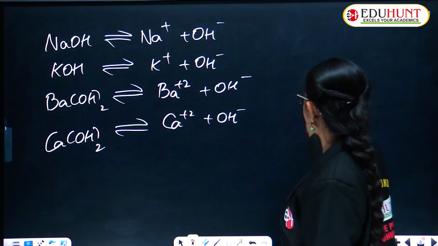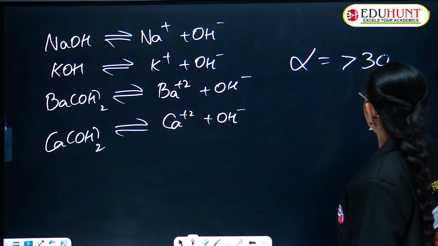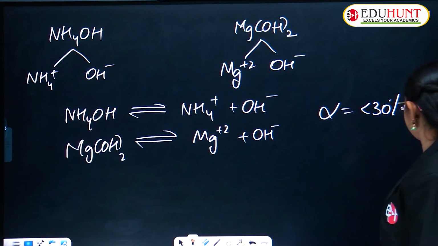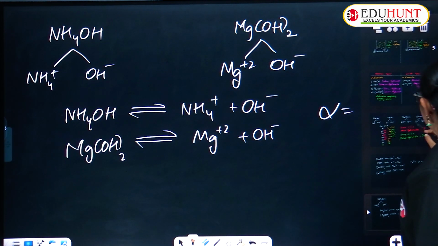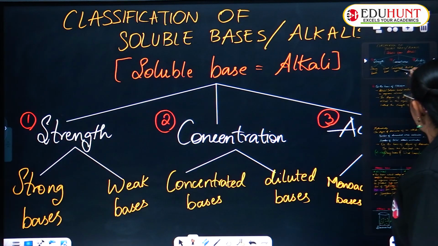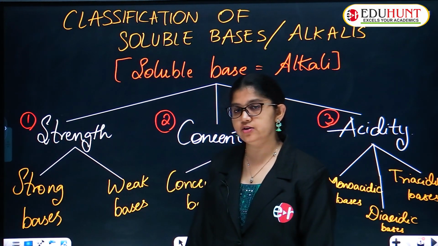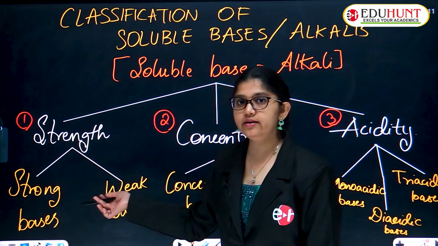For all these, the alpha value will be greater than 30%. So all this is about the classification of bases on the basis of strength, strong and weak bases.